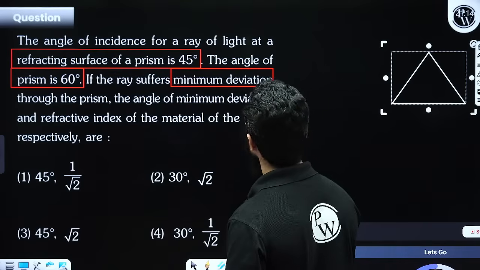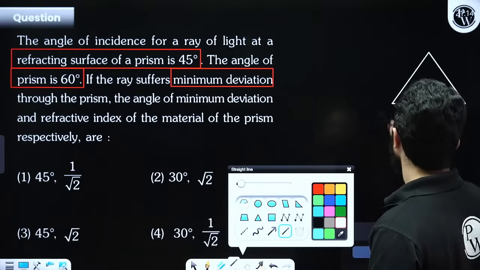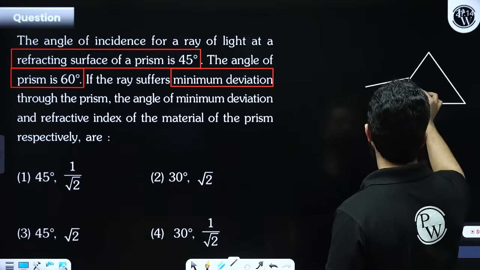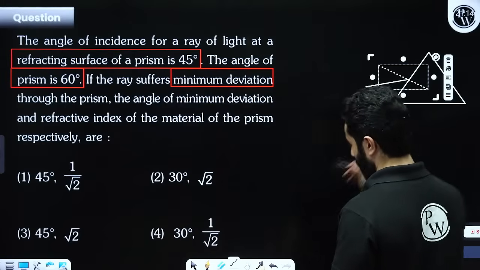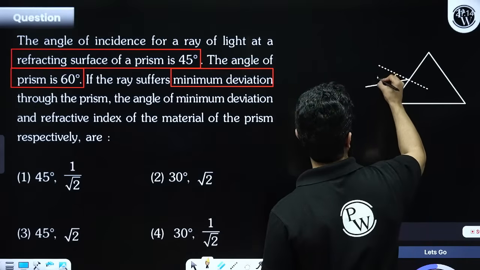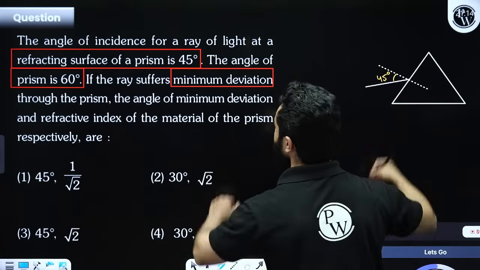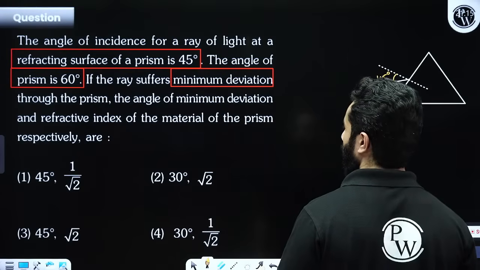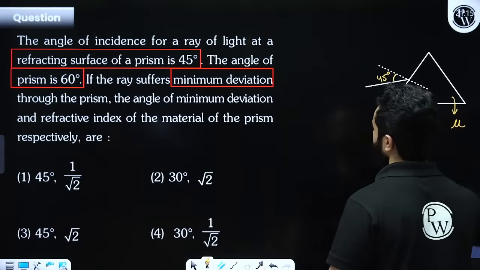First of all, they are saying the angle of incidence is 45 degrees, so let's assume it over here. This angle is 45 degrees. And they are also asking what the refractive index of the prism is, which we don't know.